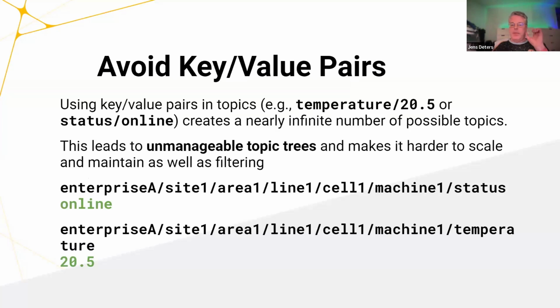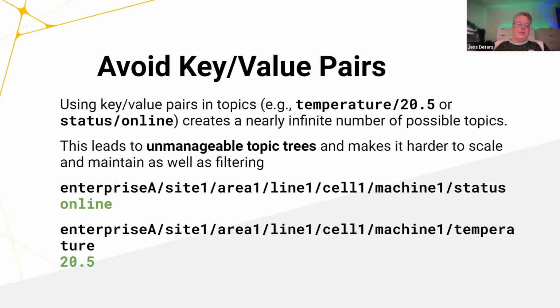Like temperature and then the temperature value, or status and then the online or offline status. If you're using key value pairs in your topic, it's very easy to blow up your topic structure and your topic tree with basically no effect.